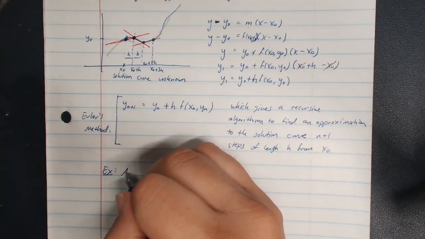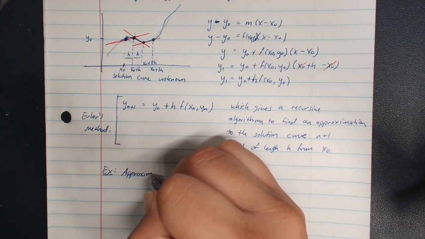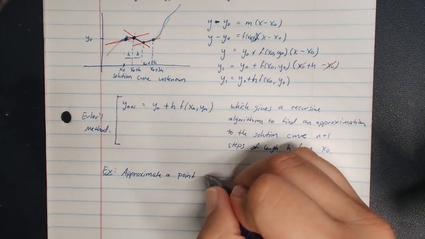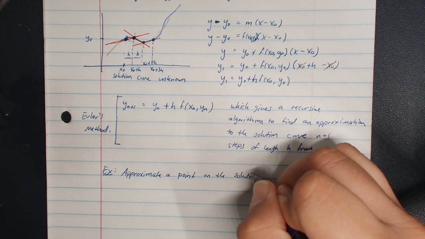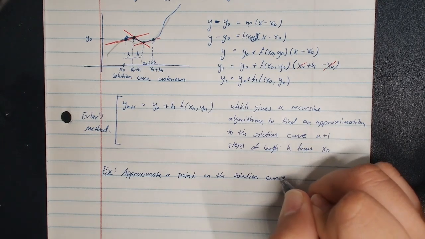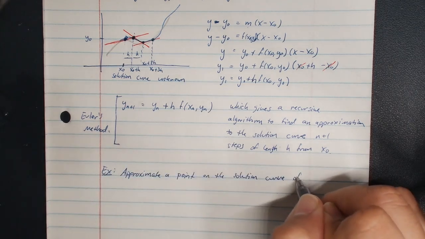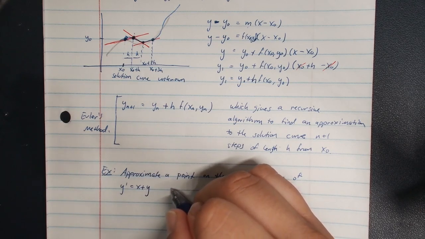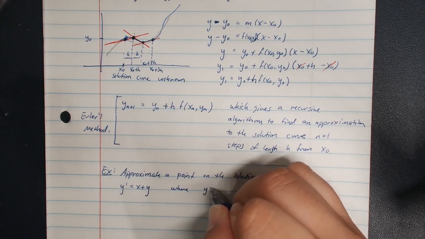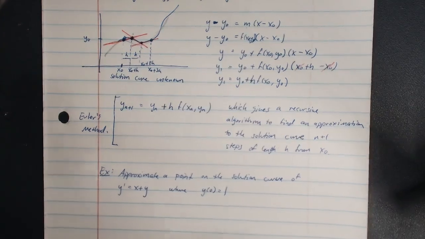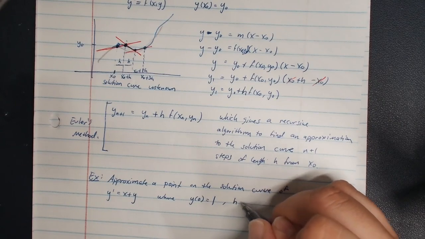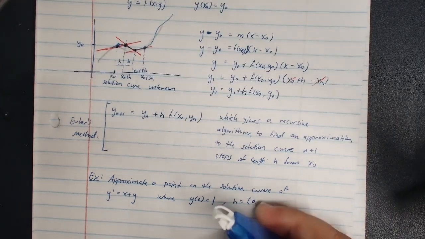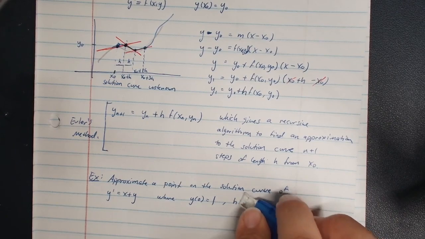So here, let's consider an example. Let's approximate a point on the solution curve of the initial value problem y prime equals x plus y, where y at 0 is known to be 1, that has a step size h equal to 0.1.